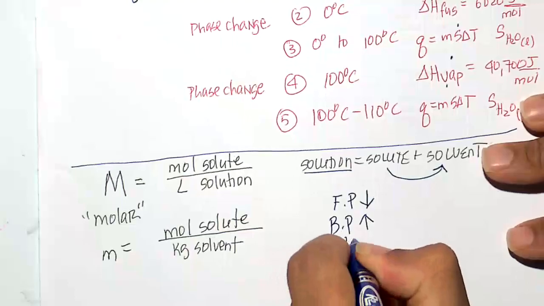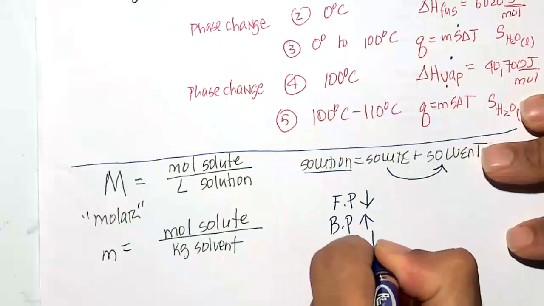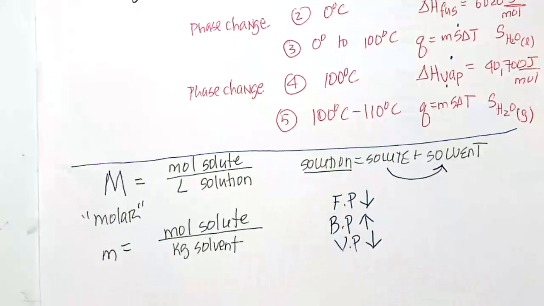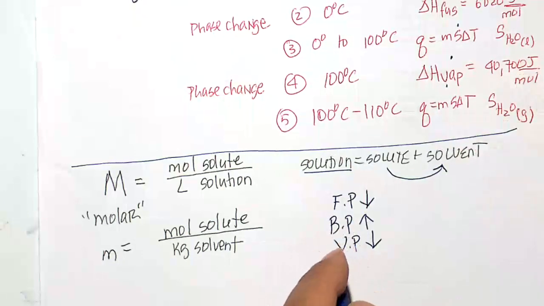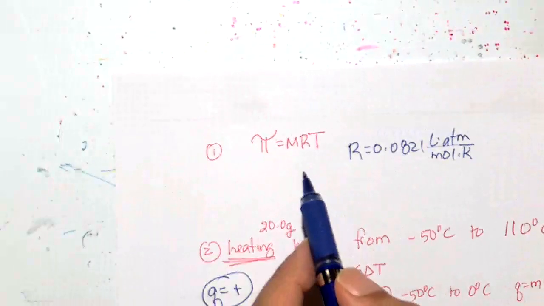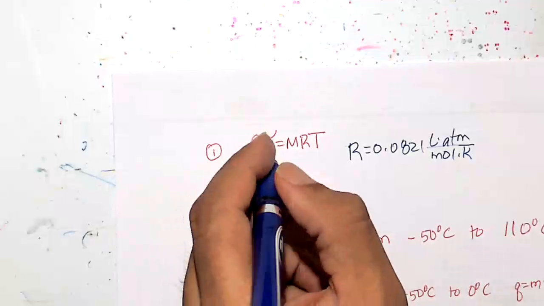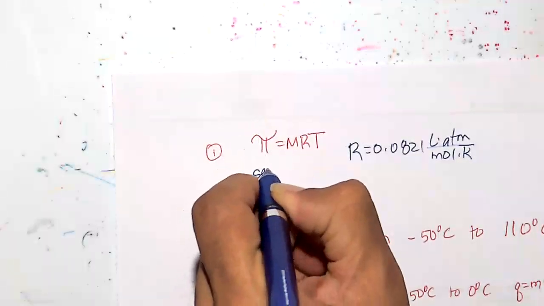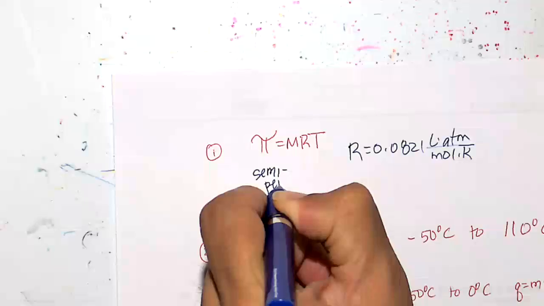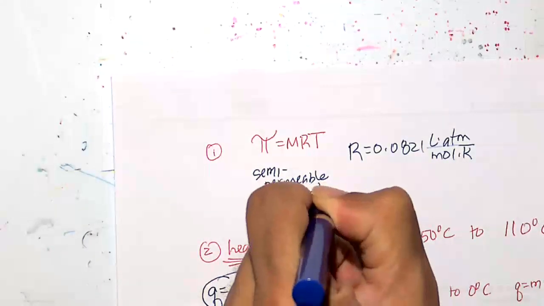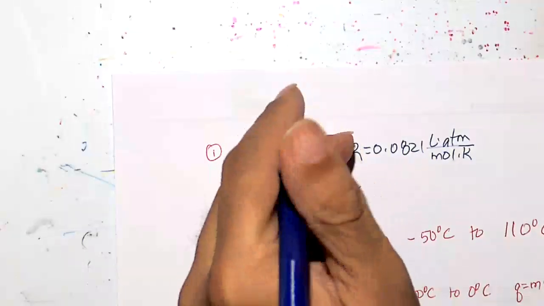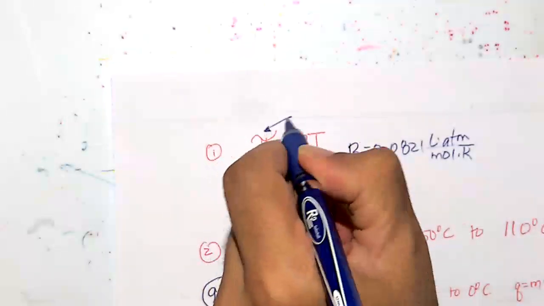What happens to the vapor pressure? It decreases because now you have solute and solvent, so that's more IMF to overcome, so it's harder to become a vapor. And then what else happens? Okay, if you have a semi-permeable membrane, okay, you'll establish what's called osmotic pressure.